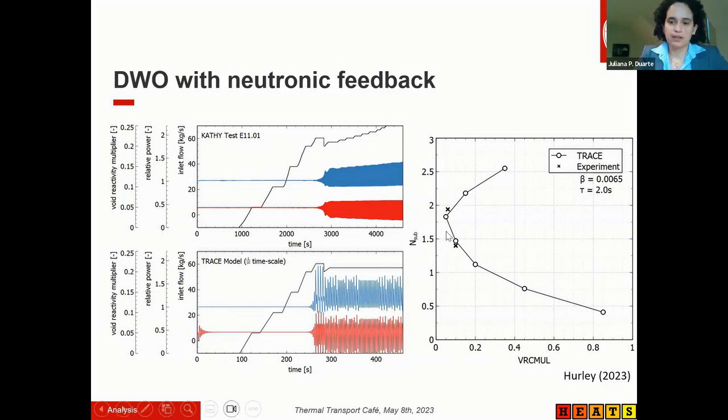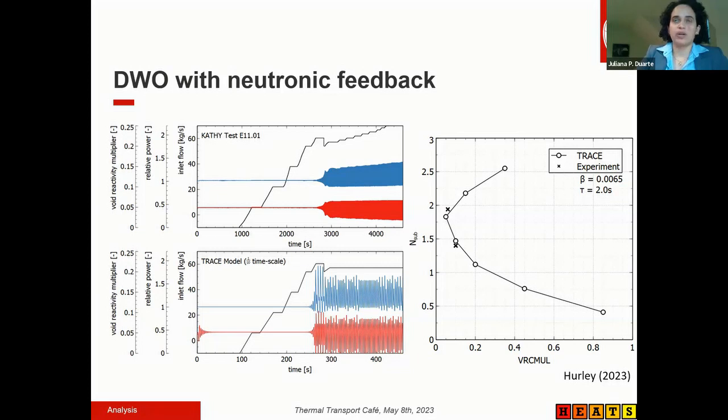This curve here is a simulated curve for conditions where we have the same fuel inertia and also a constant fraction of delayed neutrons. You have only 2 data points for this thermal inertia. So you see these data points are very close, showing the stability boundary in TRACE. So we can do that for several conditions.